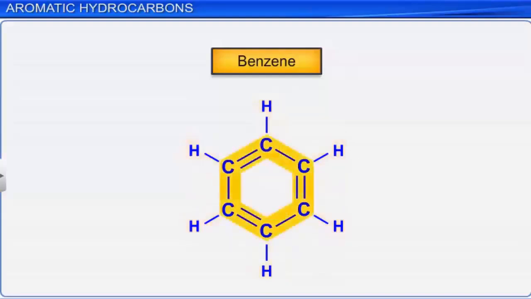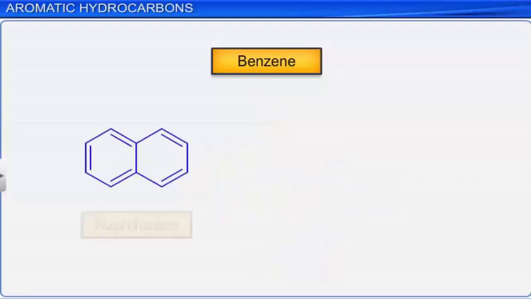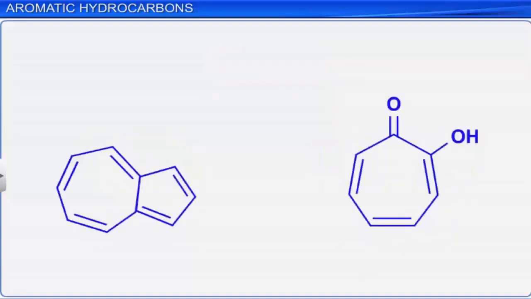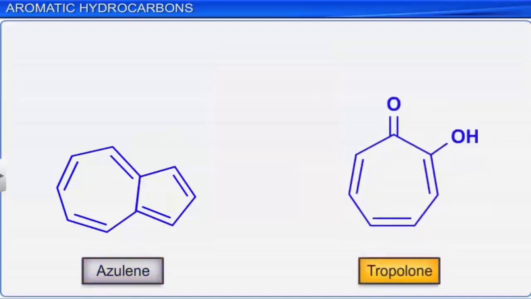Examples of aromatic hydrocarbons containing fused benzene rings are naphthalene, anthracene, and so on. Certain other aromatic hydrocarbons such as azulene and tropolone, which do not contain benzene ring, are known as non-benzenoids.